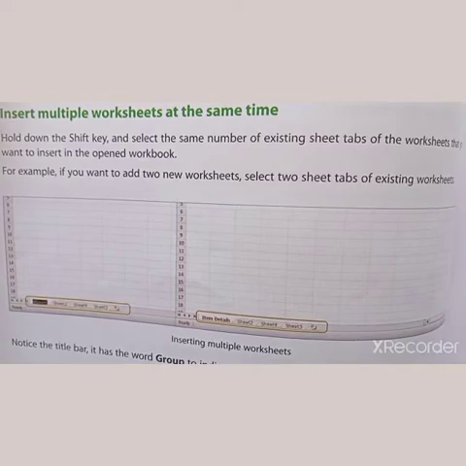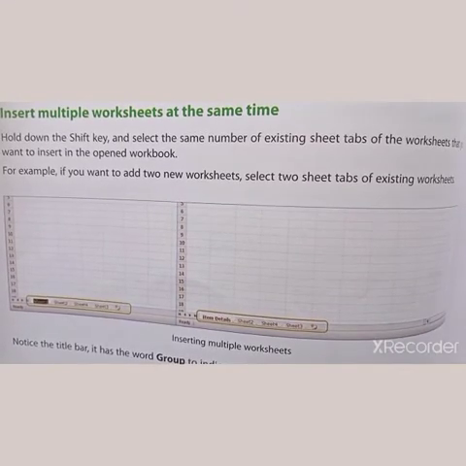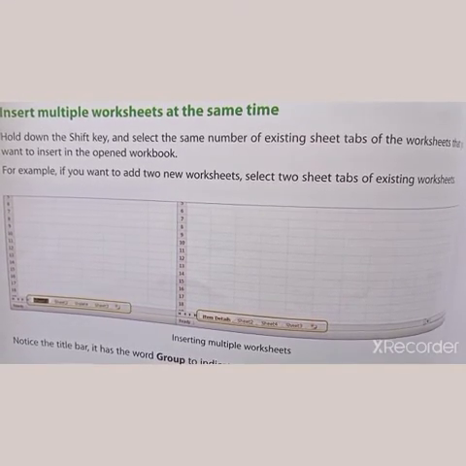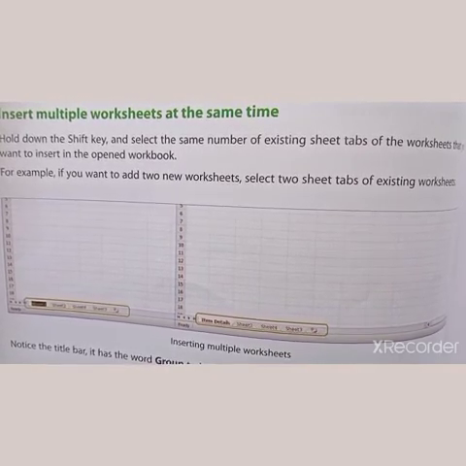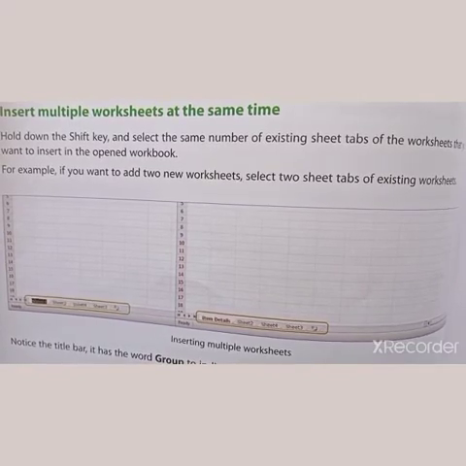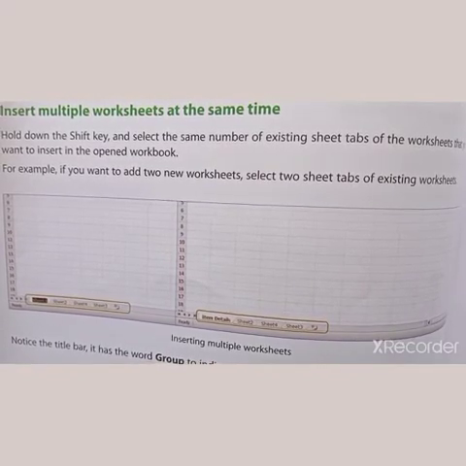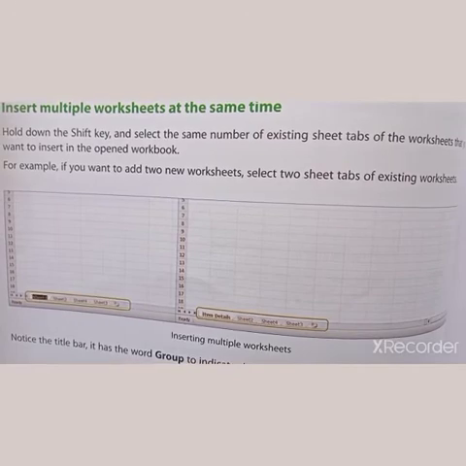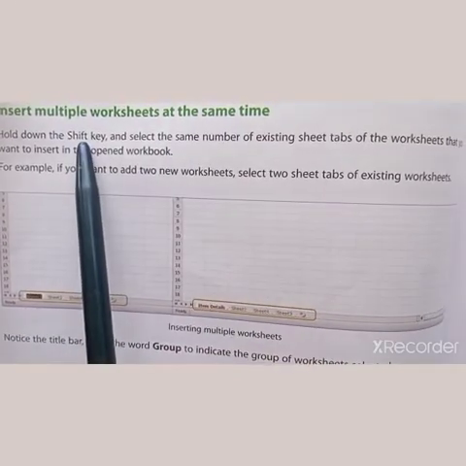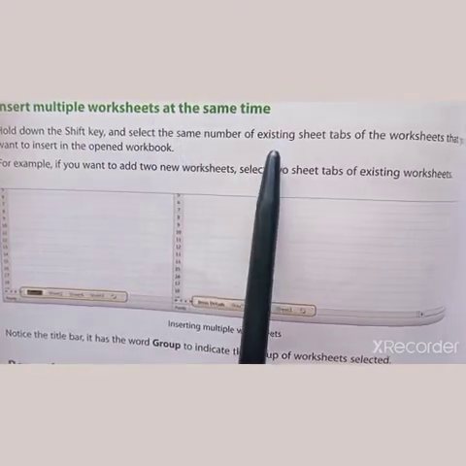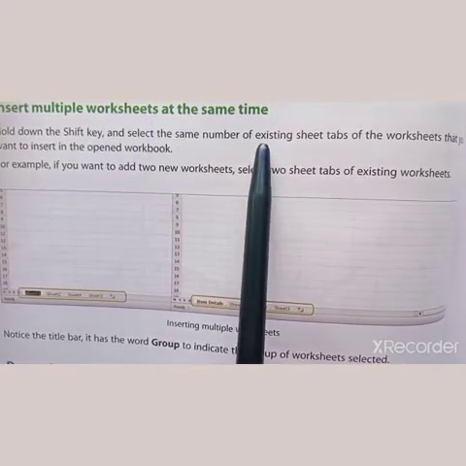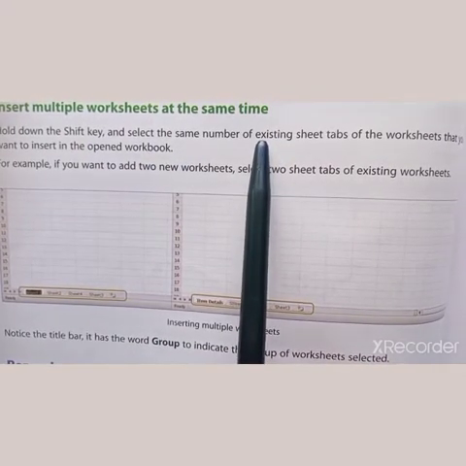Till now we have discussed how to insert a single worksheet. But if you wish, you can insert more than one worksheet at a time. That can be done by a simple method: you hold down the Shift key on your keyboard and select the same number of existing sheets as the number of worksheets you want to insert.